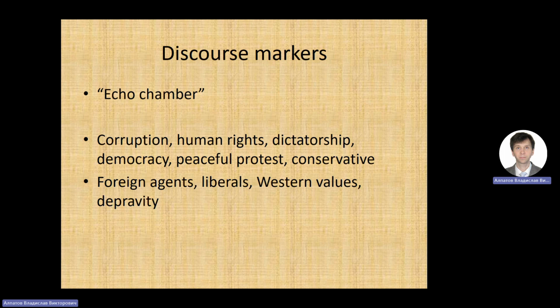Well, for various reasons. If you see somebody using the word автозак, this is most likely liberal. And vice versa: foreign agents, liberals, Western values, depravity, развращенность. These are the discourse markers of conservatives, right? This is something that liberals don't very often speak about.